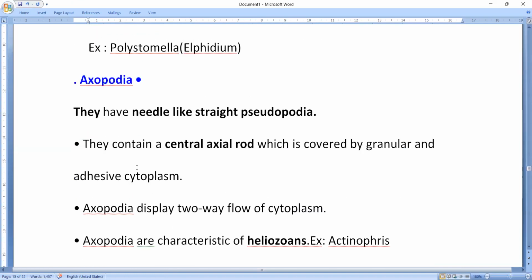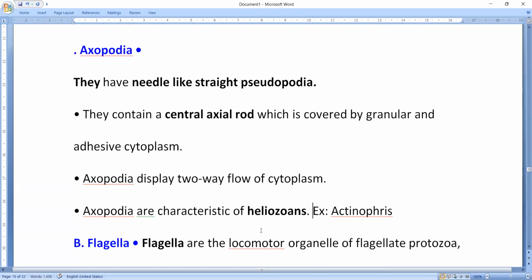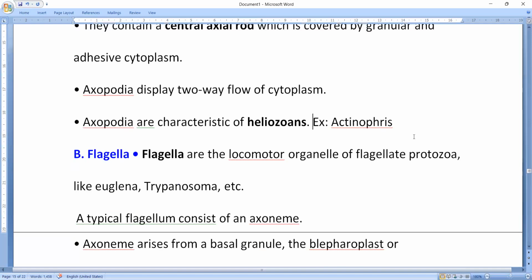And axopodia, stiff rod-like pseudopodia covered by granular adhesive cytoplasm. Axopodia is the characteristic feature of heliozoans like Actinophrys. So that is about the pseudopodia.